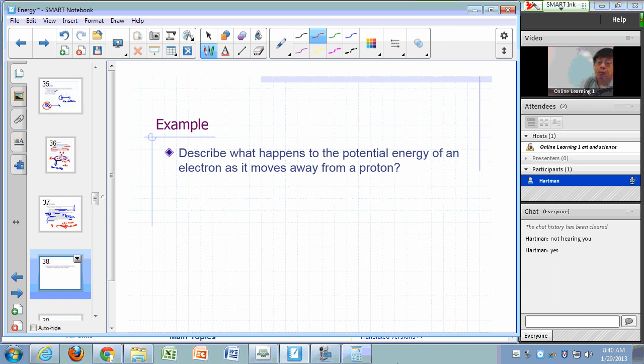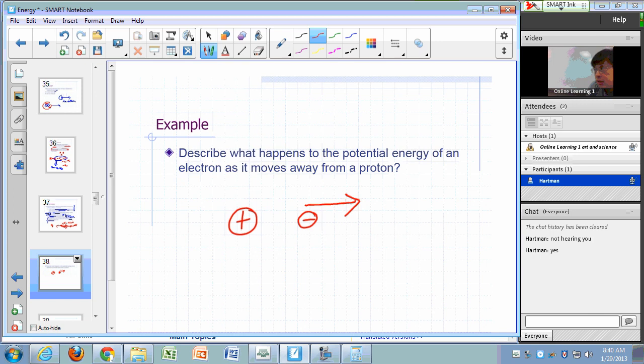All right. What would happen to the potential energy of an electron as it moves away from a proton? So here's a proton, and here's an electron moving away from the proton. Is this electron attracted to the proton or repelled by the proton?